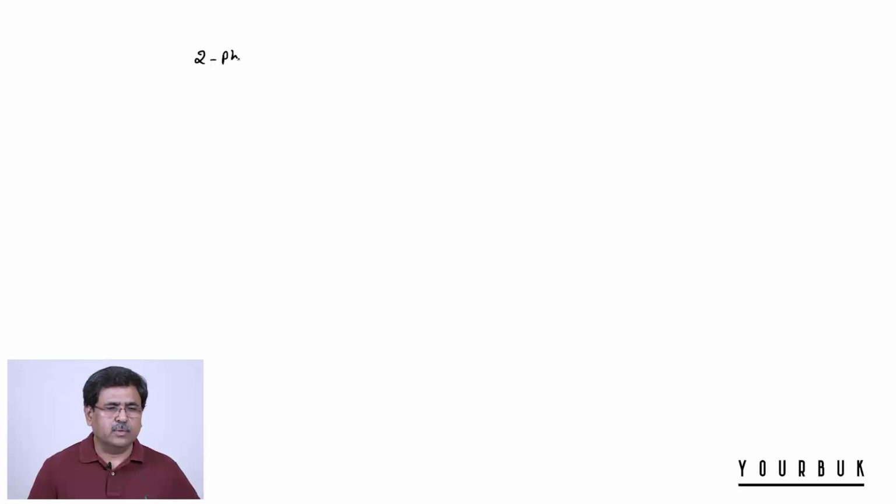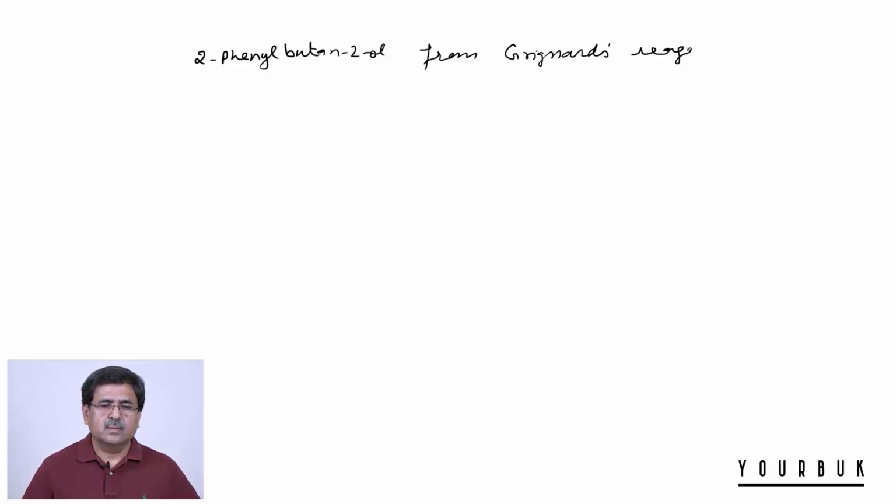Now suppose our aim is to prepare this, 2-phenyl butan-2-ol, from Grignard's reagent. So what combinations can we take?